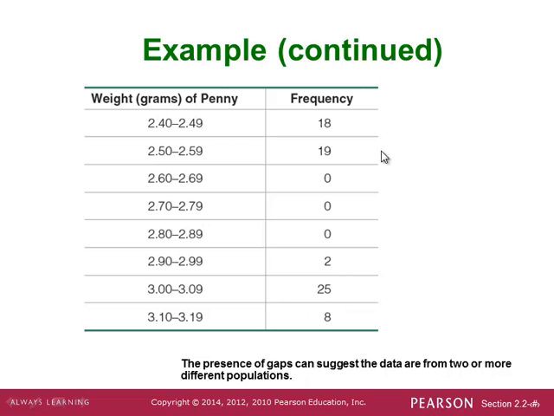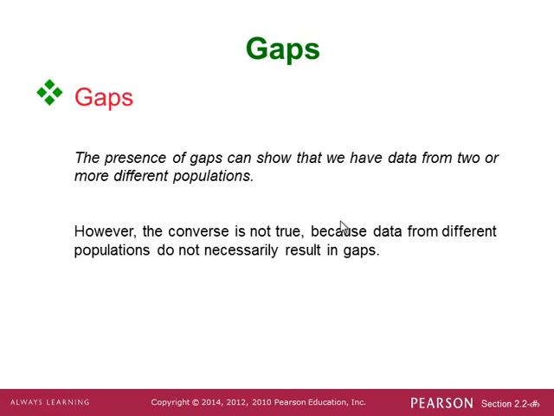So this shows actually two peaks, which is evidence of two or more populations. But just because you have data from two different populations does not necessarily mean that you're going to get gaps. So just understand that.